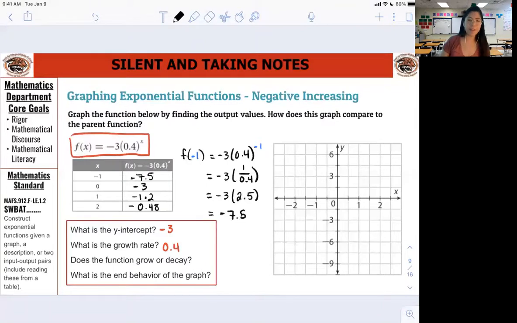Negative 7.5. Okay, so before I graph it, what's happening with these numbers? They're becoming less and less. No, it's decaying. So are the numbers getting bigger or are the numbers getting smaller? It's getting bigger. Why bigger?